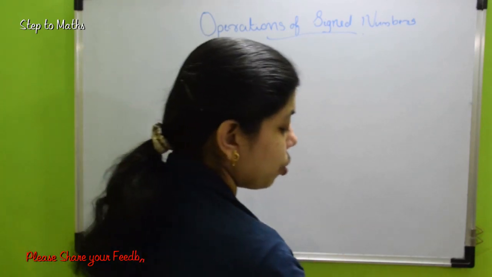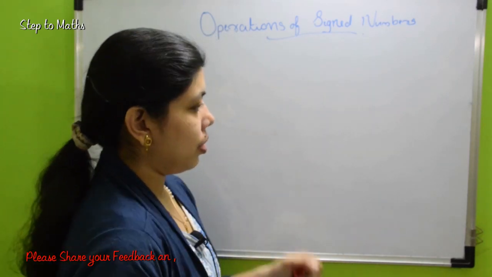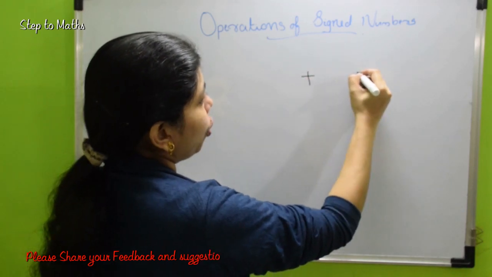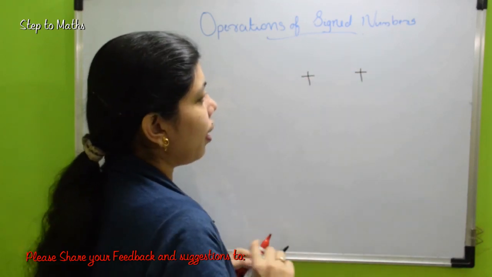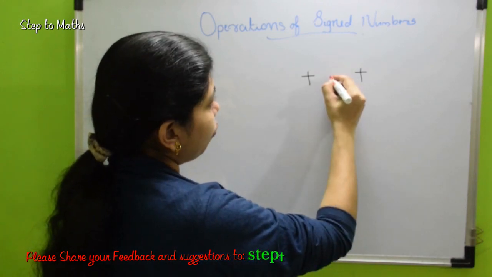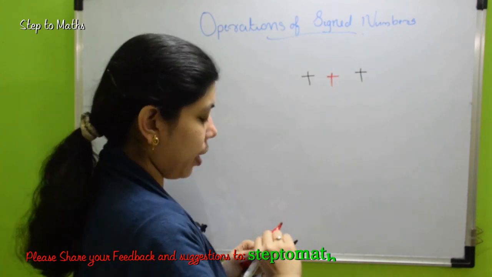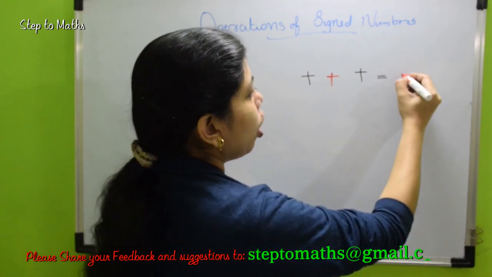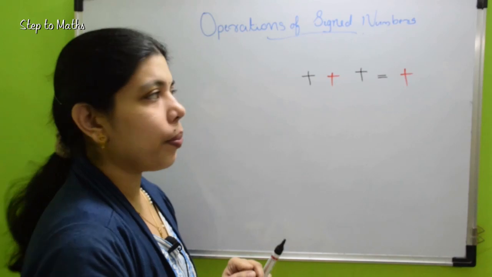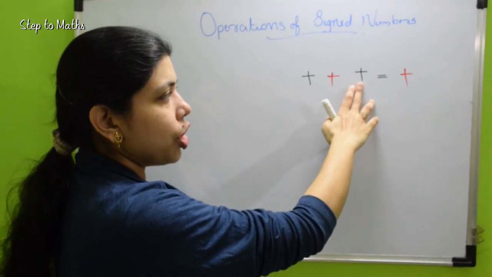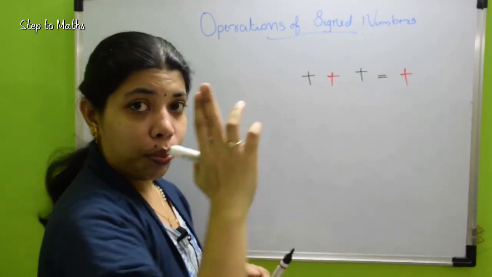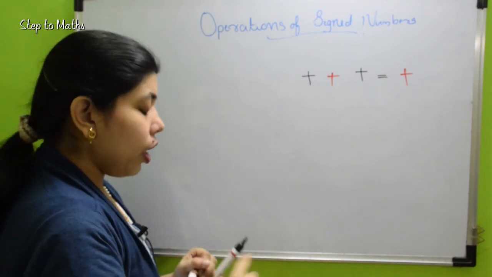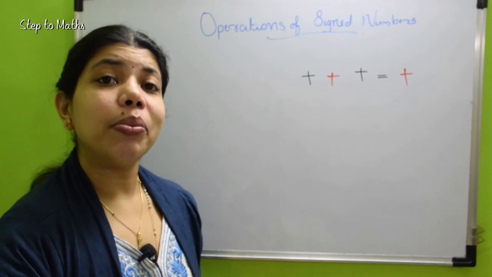So we can write that if two numbers are positive and we perform the addition operation, the sum is also positive. Two numbers are positive, the sum is also positive. Now we consider if two numbers are negative.